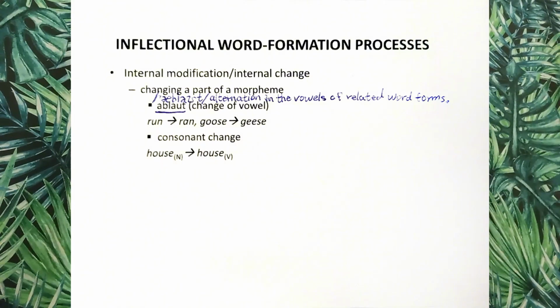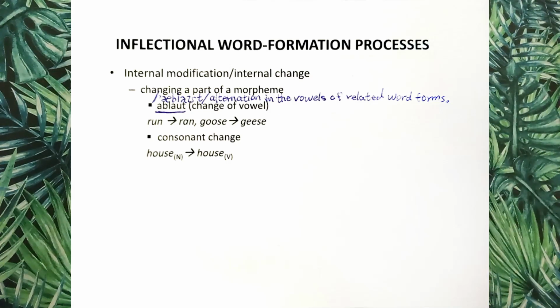There's a term called ablaut, right? Ablaut means alternation in the vowels of related word forms. I'm going to give you an example. Like the word run, right? In its past tense it's ran, right? From run to ran, so the vowel changes, right?